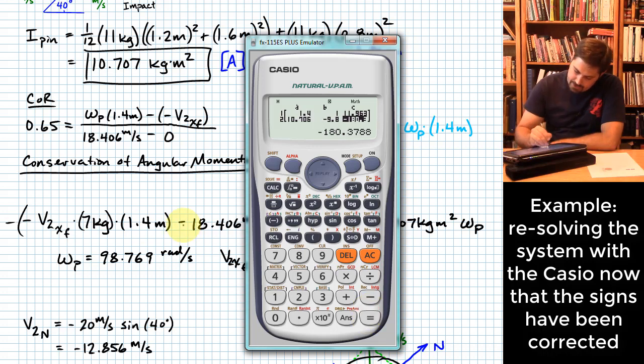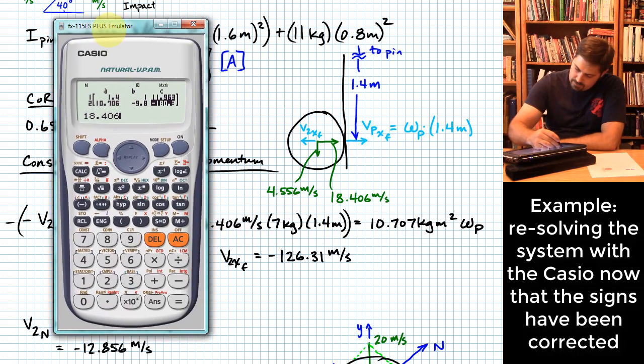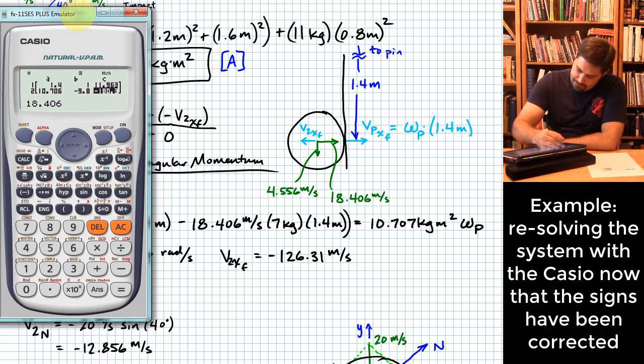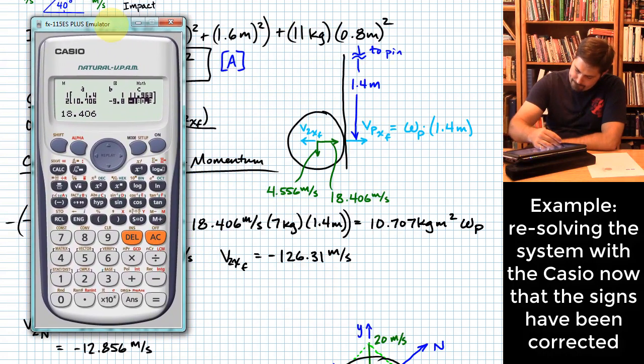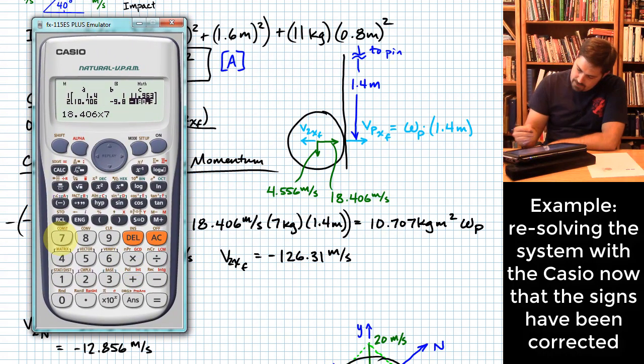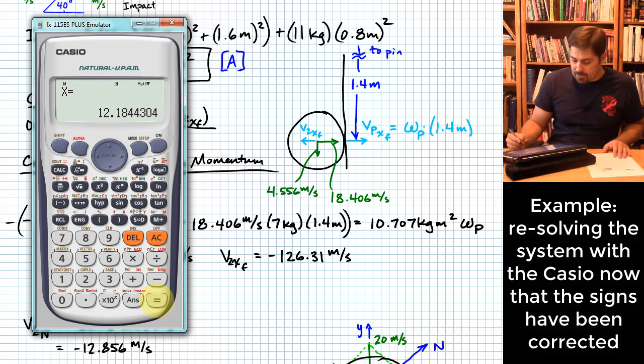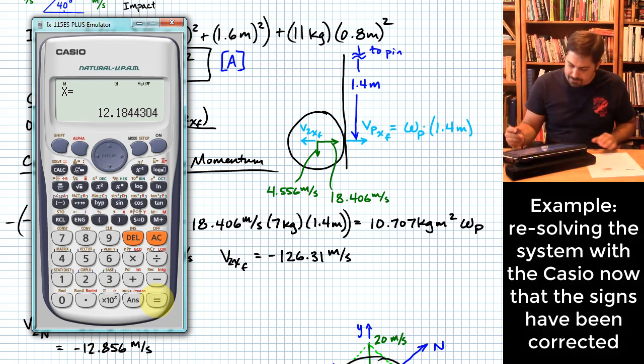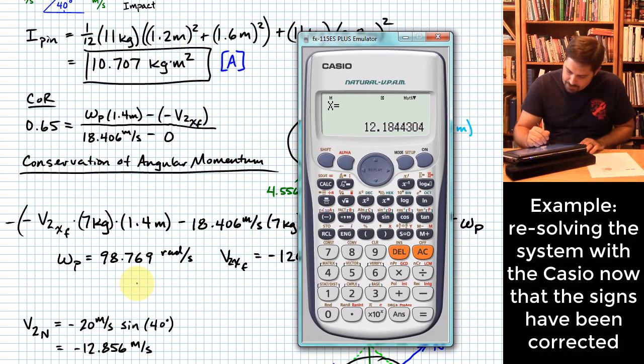And here I would again negate that, so it would be positive 18.406 times 7 times 1.4. And now I hit equals. I like this a lot better. This makes much more sense. It tells me that this omega would be 12.184.